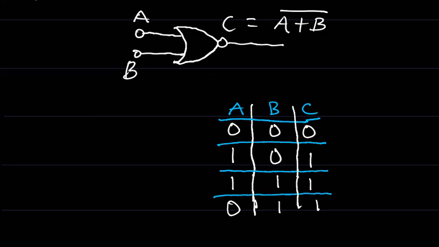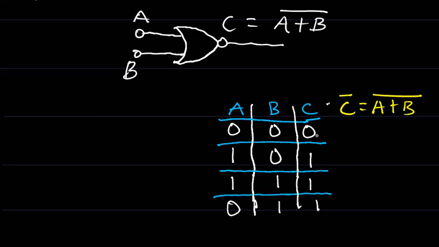Here we have C, the OR gate output. Then I add another column, which becomes C complement, which is A plus B all complemented.